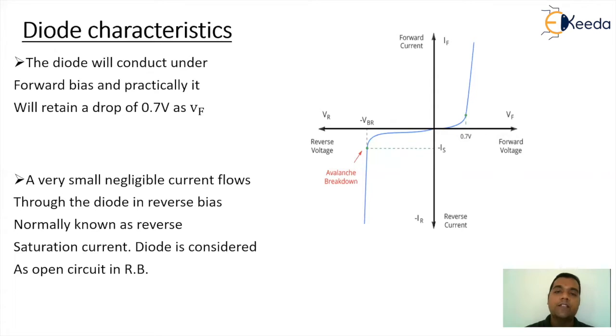Once the reverse voltage crosses the reverse breakdown point, the diode faces avalanche breakdown. We never operate a normal p-n junction diode in the avalanche region. So the conclusion is, under reverse bias, a practical diode will work like an open switch where the current can be considered as IS.